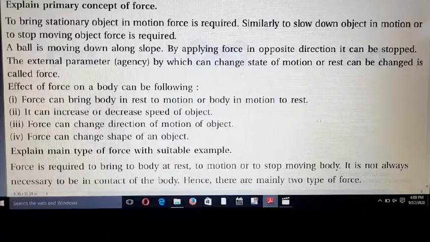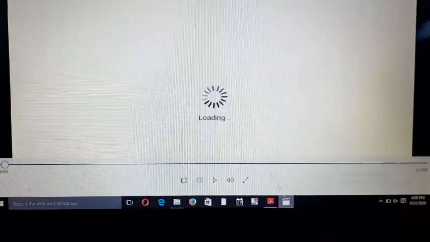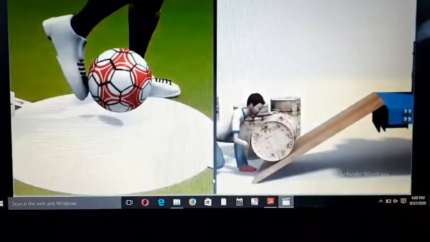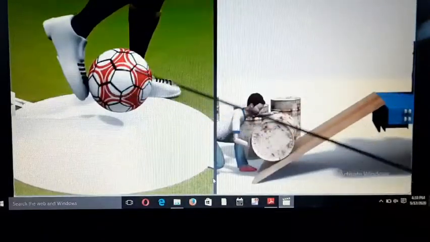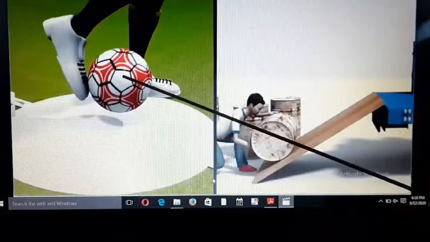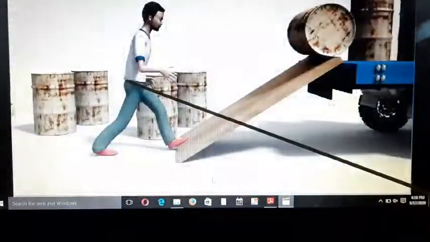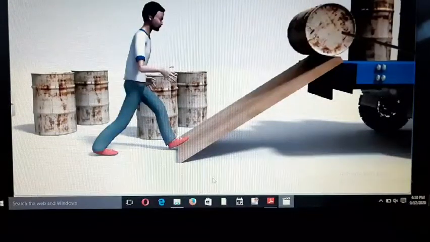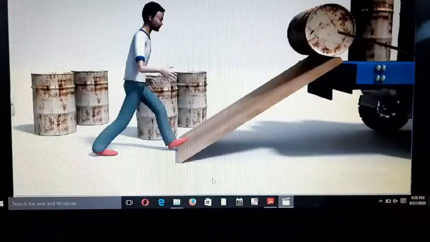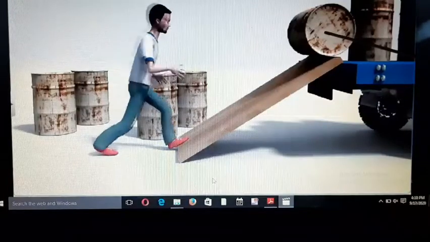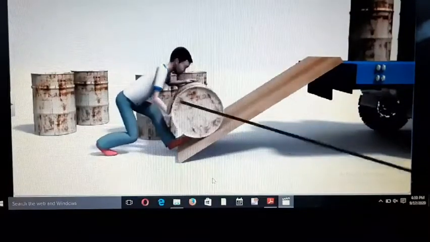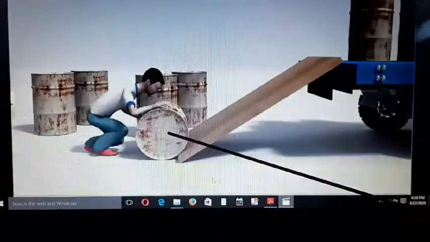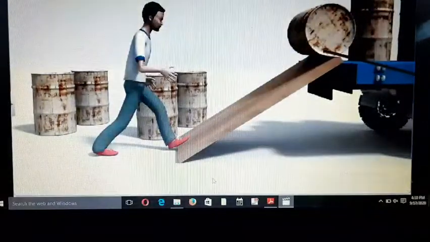Look here, first of all, suppose this object, now we apply some force, so this ball changes its position. Similarly, look here, now we have one tin, it is falling downward, but this person applies force in the opposite direction, so its velocity decreases.